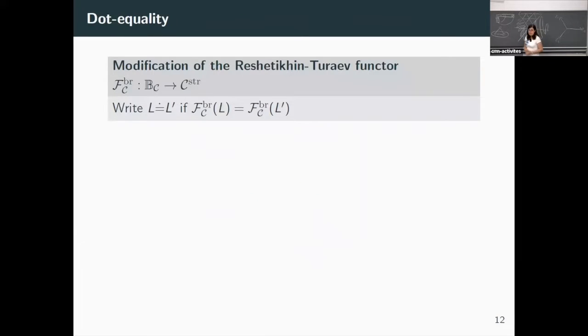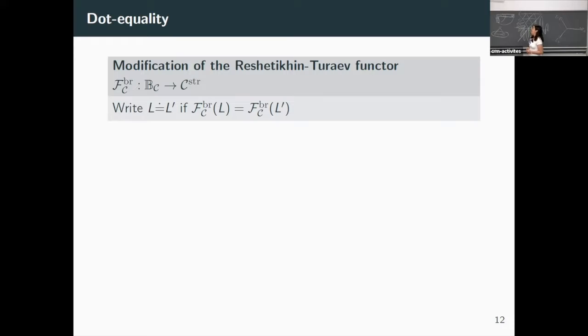So this assignment between morphisms and diagrams is now through a modification of the Reshetikhin-Turaev functor that we've written down in our paper as well. So this BC here is then precisely the category of all what we call C-colored ribbon braid graph diagrams.